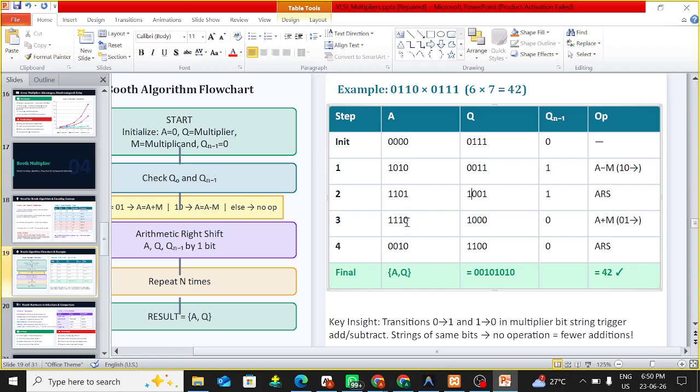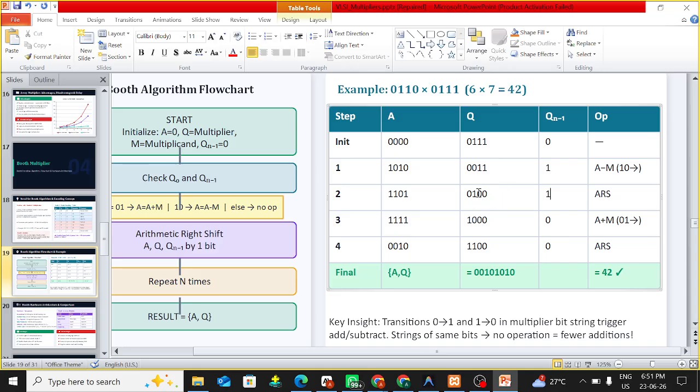Okay, only shifting. Then what does it become? Now you have 1, right? So if you shift this, you'll add 1 here and this 0 will go here, right? Then this one, okay? This one will come here, right? So this is how it will become.